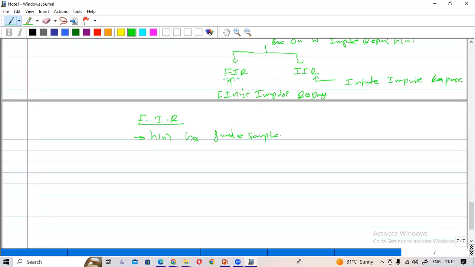And if the impulse response has infinite samples, it is referred to as infinite impulse response. So h[n] has an infinite number of samples. So that is FIR and IIR.